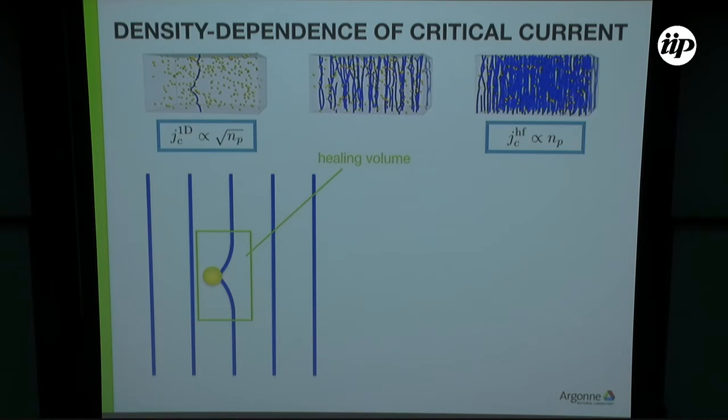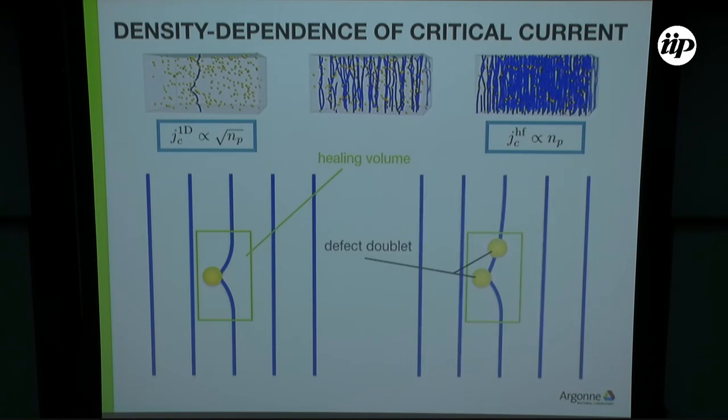And this healing volume more or less tells us on which volume the vortex returns back to its undeformed, unperturbed form. And if we go to higher densities, then there is a probability to find more than one defect within the same healing volume. And this will then lead to a competition between two defects for the same vortex. And one can calculate what this competition will produce.